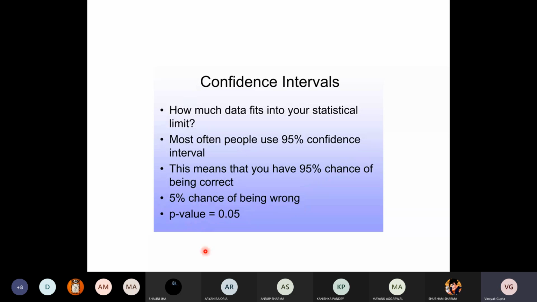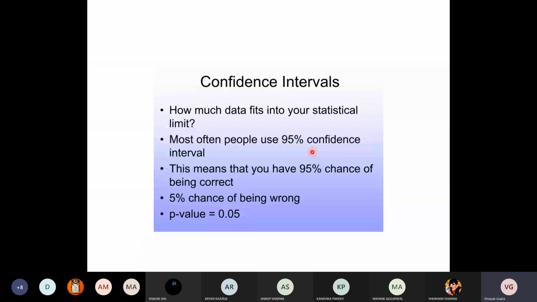That is a standard value which is accepted throughout the scientific community. There is no actual logic, but it is the standard value which you have to follow whenever you have data. We cannot have a separate confidence interval.